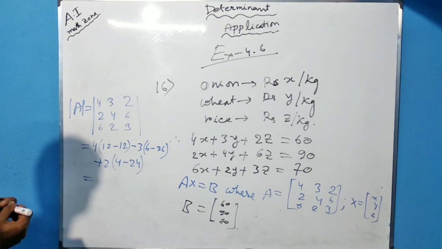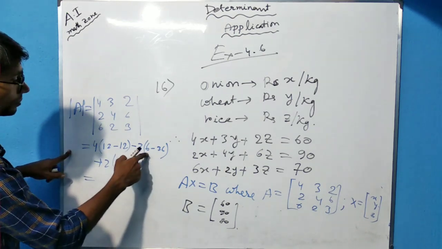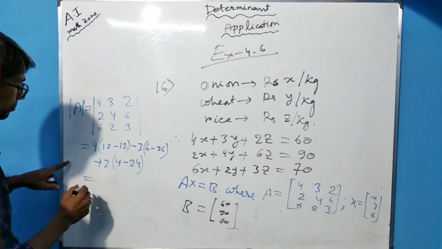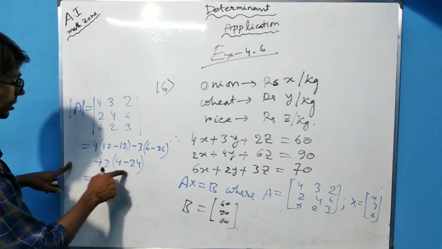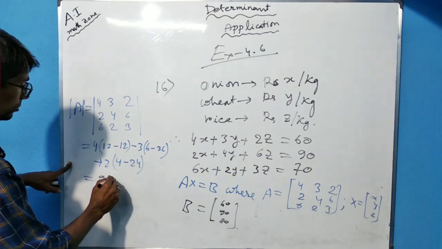So this equals to 0, this one is 0, first one. Next one is minus 30. So minus 30 plus 90, this one is minus 22.